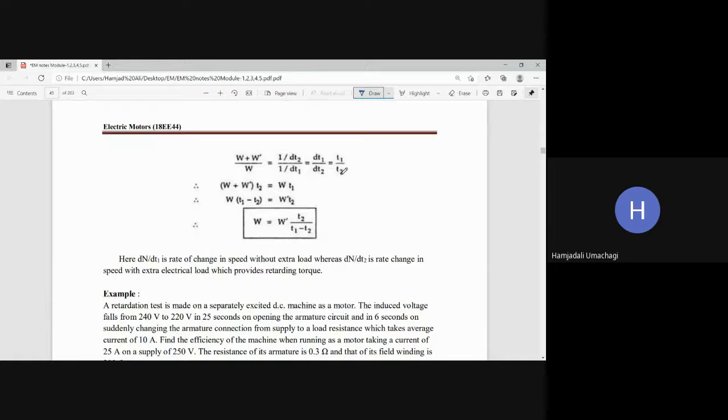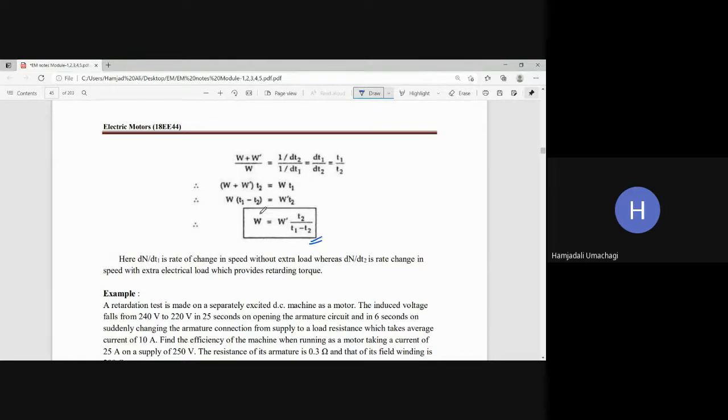Finally, after simplifying the equation, (W plus W') into T2 is equal to W T1. If you rearrange the terms, W into (T2 minus T1) is equal to W' T2. Finally, rotational loss W is equal to W' into T2 by (T1 minus T2). This is how you calculate the rotational or stray loss without making use of moment of inertia.